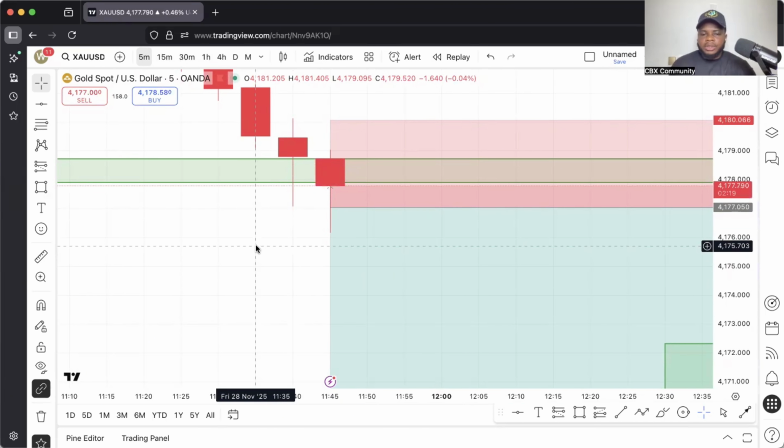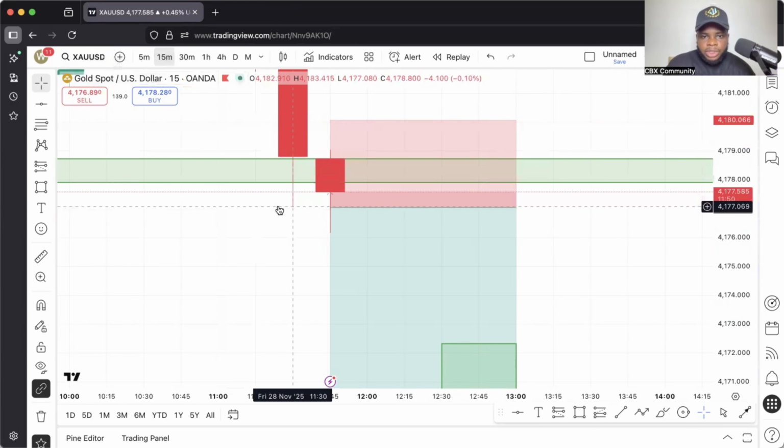So the candle wants to continue to come down. I'm anticipating it to break the low, because our entering position is at the low of this. Okay, so I'm taking a sell position right now.